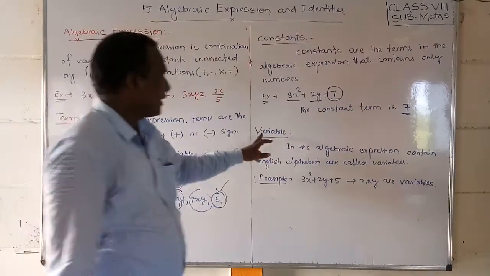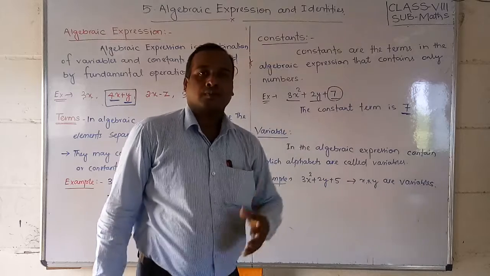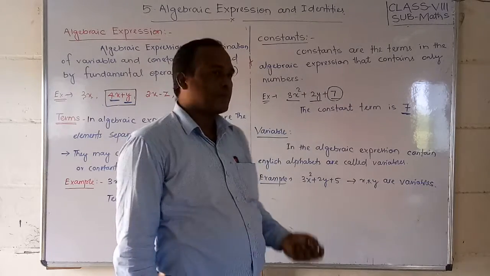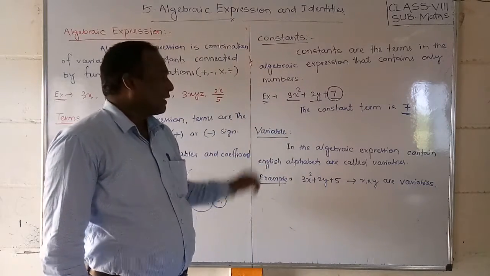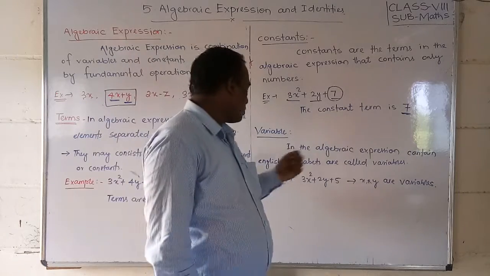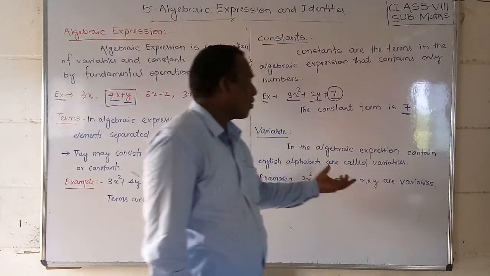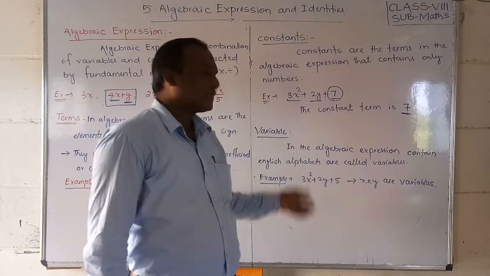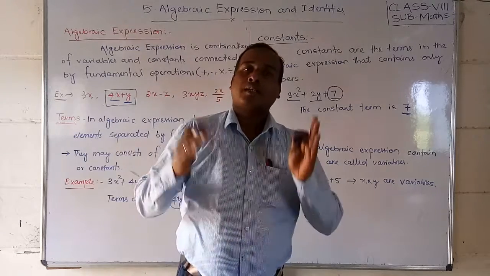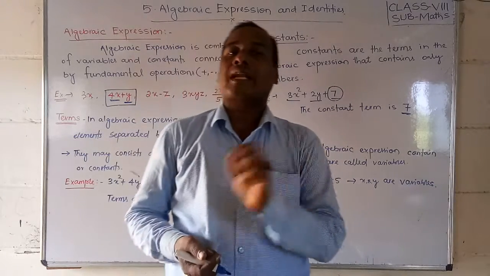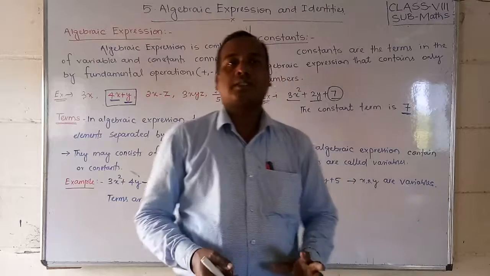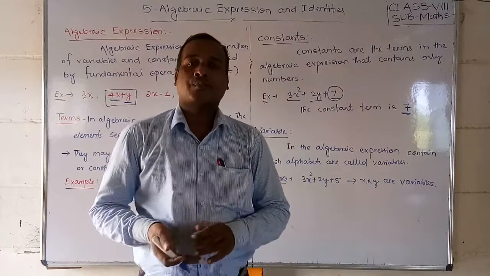Students, next, variables. Another term related to the algebraic expression is called a variable. The English alphabets contained in an algebraic expression are called variables. That means in the algebraic expression, some English alphabets are used. Those are called variables.